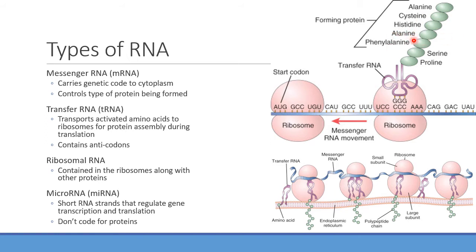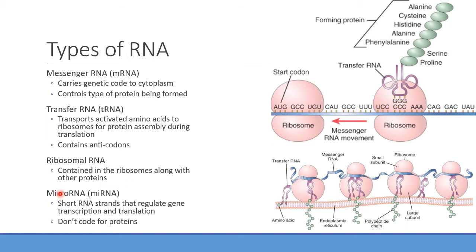Now, do all these proteins come out fully mature? No, a lot of times they need some additional work, and so you have different enzymes that will be able to chop them up, cut them up, and put them into different configurations. So just know this may be an immature protein, or it could be a fairly short one and maybe just good to go right off of there. But you find that there's also a type called ribosomal RNA. These are going to be containing ribosomes along with other proteins that can be formed from this.